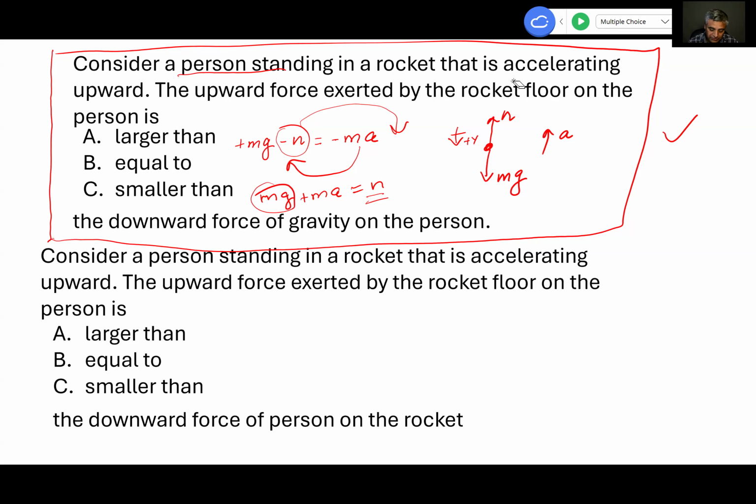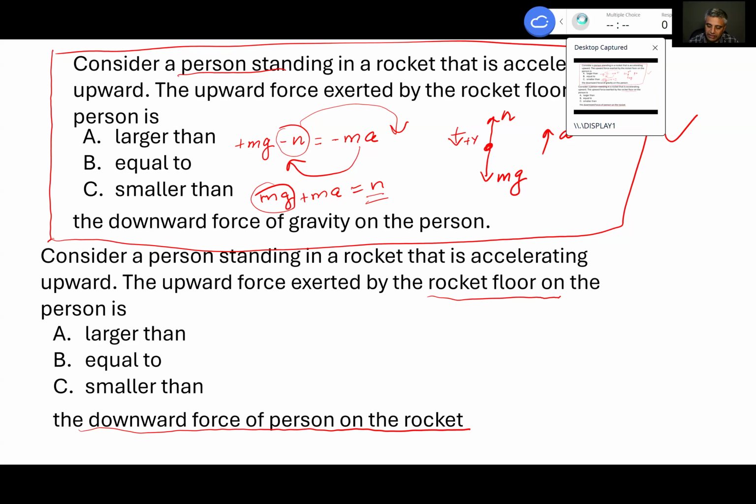So now here is another related question. The upward force exerted by the rocket floor, the normal force, and the downward force of the person on the rocket floor. Which one is bigger, or are they equal? That's the question, and you have a minute to answer it.